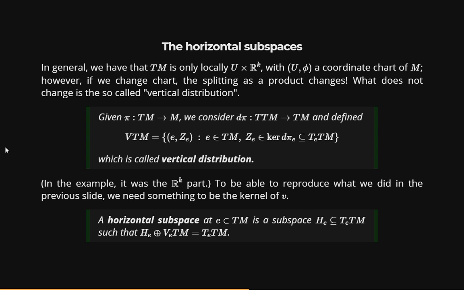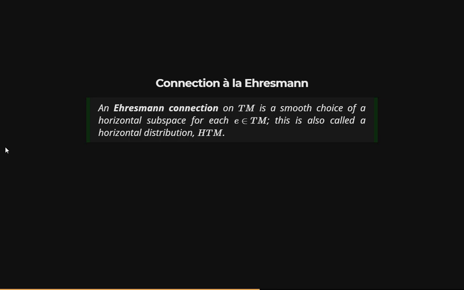So now a connection is the choice, for every point of the tangent bundle, of a horizontal distribution, a horizontal subspace. Obviously, a smooth choice. Everything we do is C infinity. So it depends on the point on the tangent bundle.